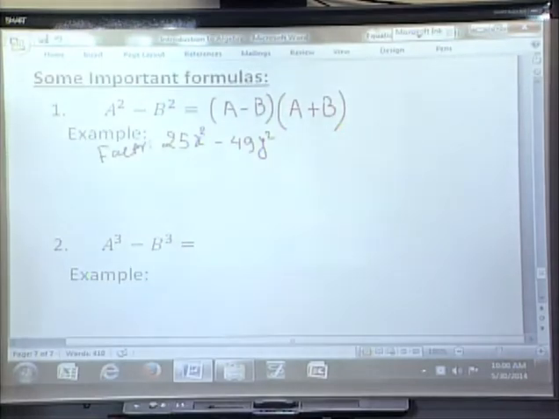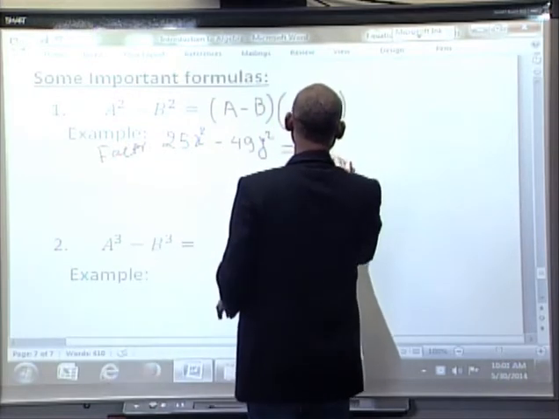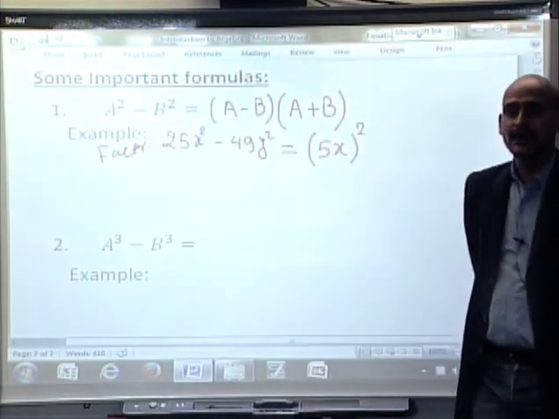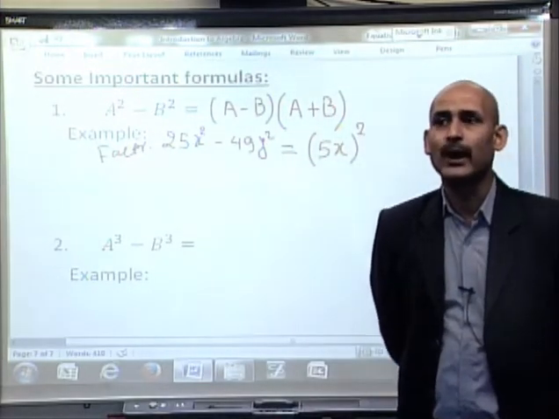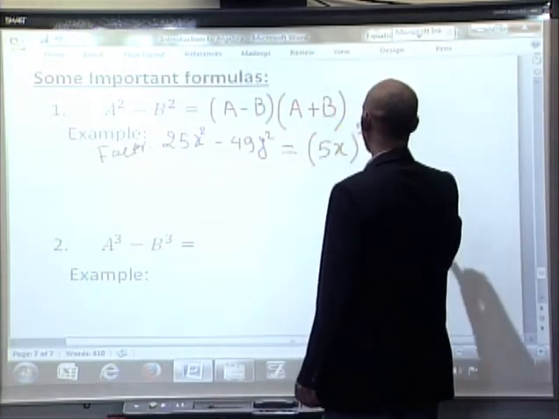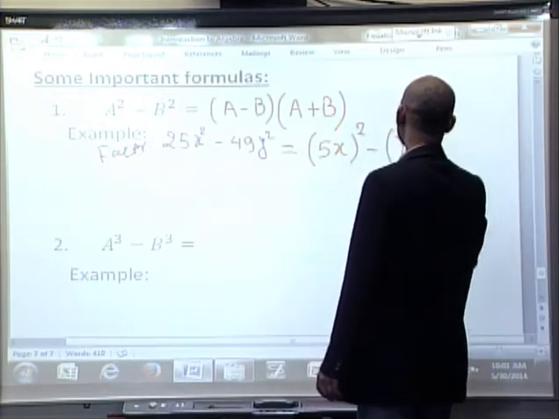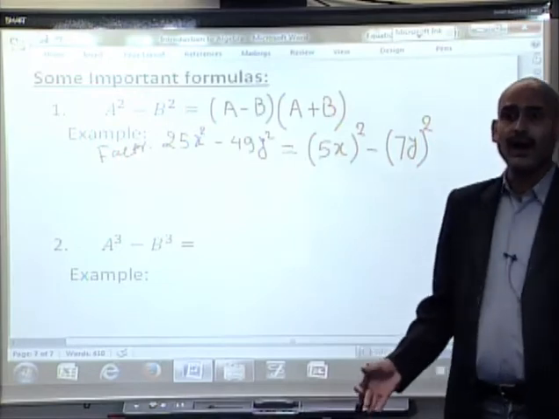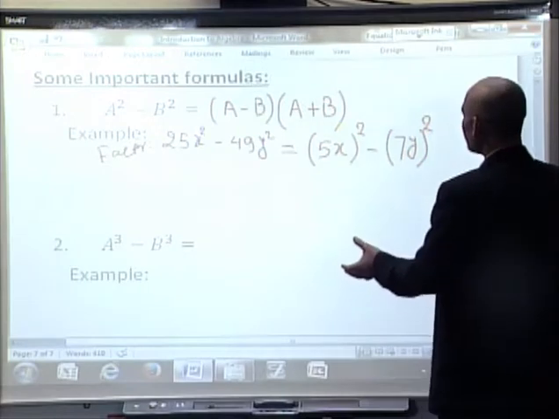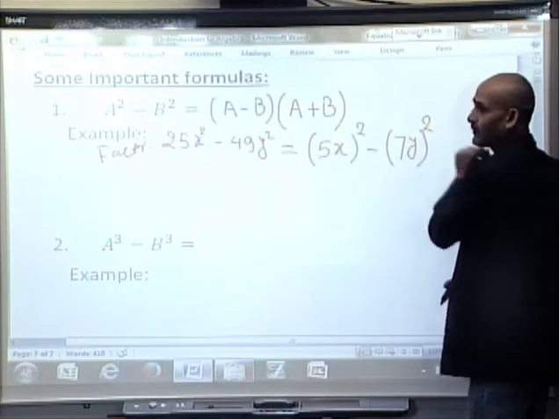If I look at this expression, immediately I realize the first quantity is nothing more than the square of 5x. 25x squared is the square of 5x. Similarly, 49y squared is the square of 7y. 49 is the square of 7, y squared is the square of y. Immediately you realize this is a square of a quantity minus the square of another quantity.